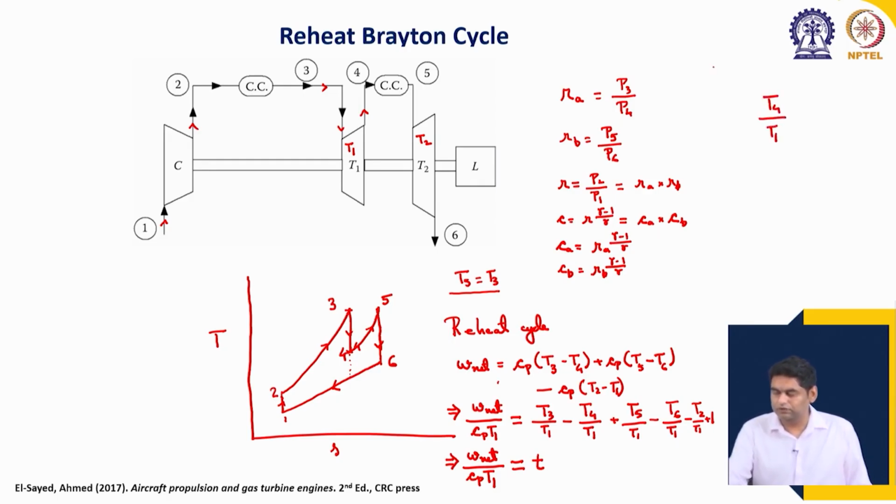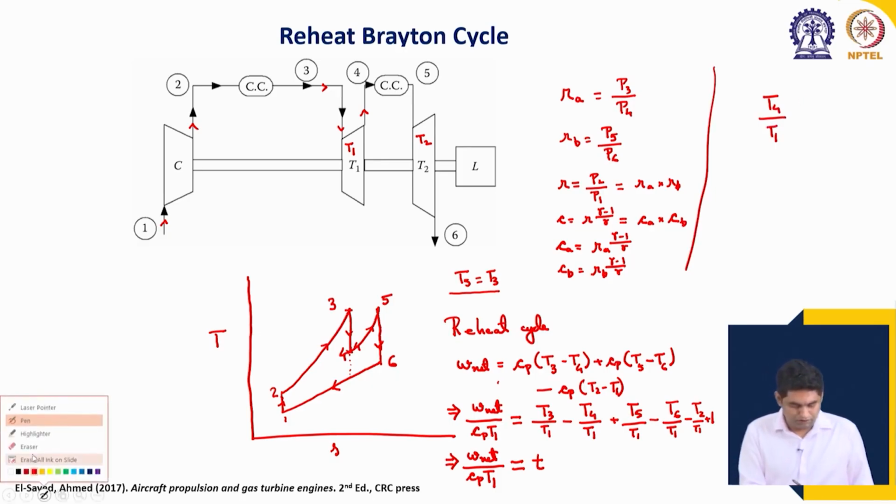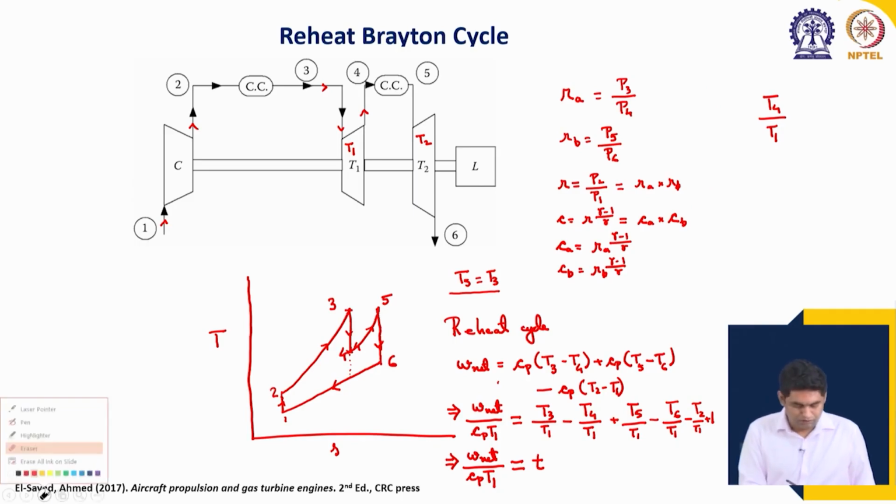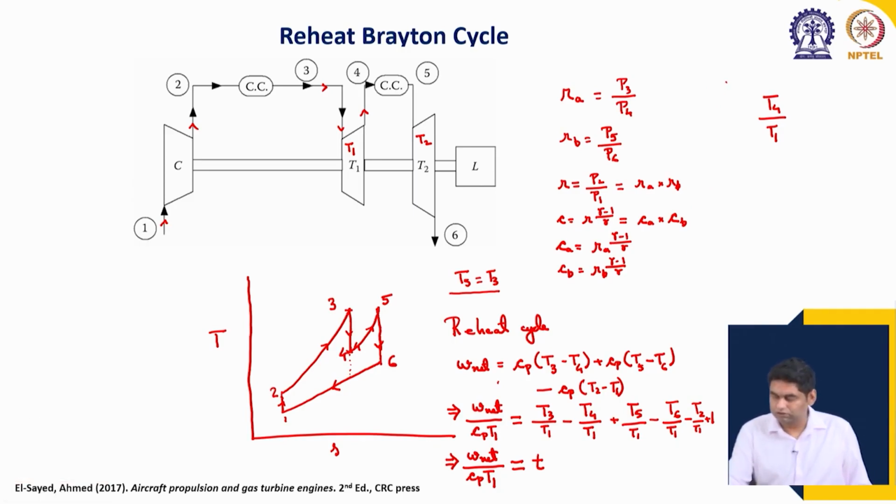On the side, if we do a calculation, T 4 by T 1 is equal to T 4 by T 3 into T 3 by T 1.